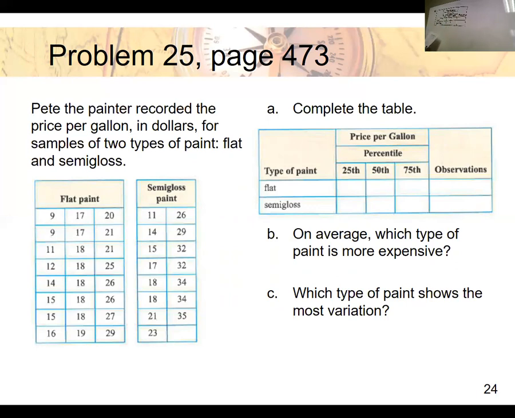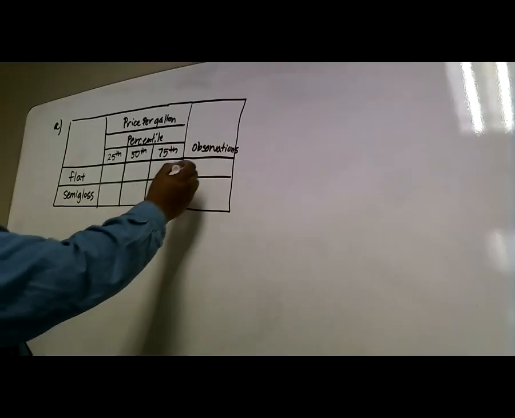Now, as for observations, let's start with that first. How many prices for flat paint do we have? 24. Okay. So here we're going to put 24 here for flat paint.